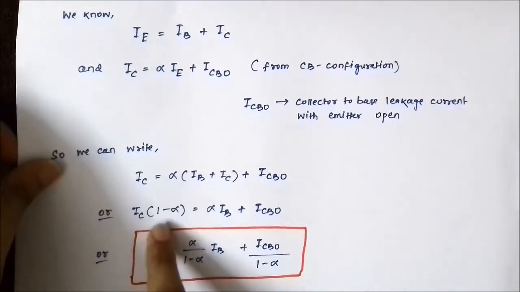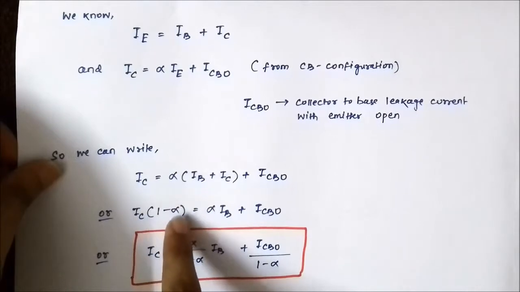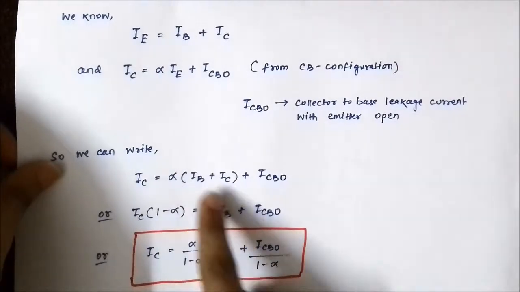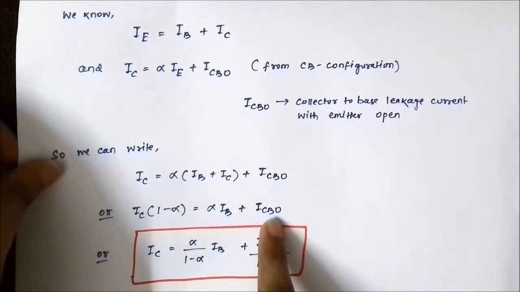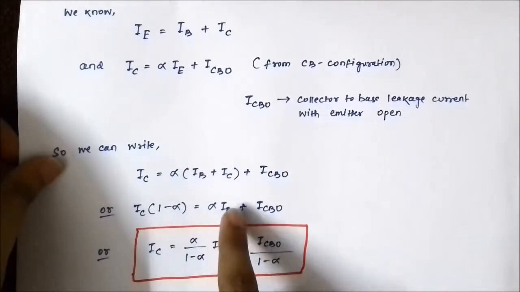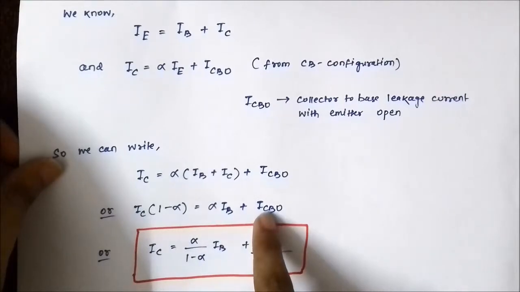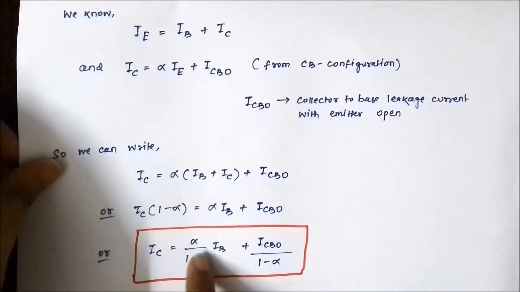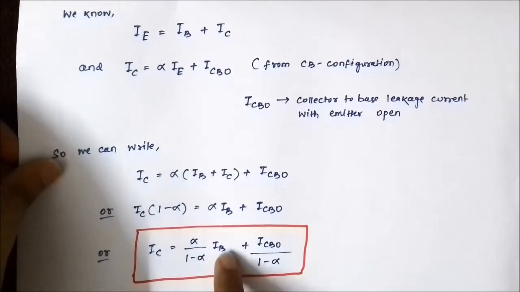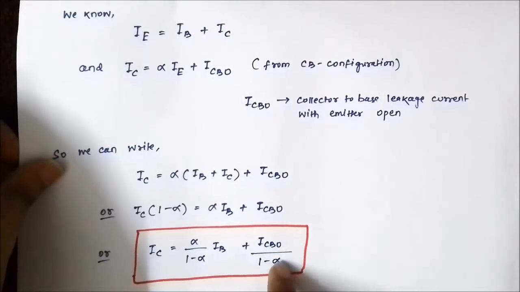So IC into 1 minus alpha, which is IC minus alpha IC, is equal to alpha IB plus ICBO. So dividing this expression by 1 minus alpha, we get IC is equal to alpha by 1 minus alpha IB plus ICBO by 1 minus alpha.